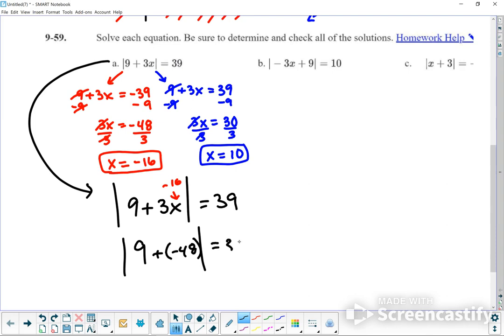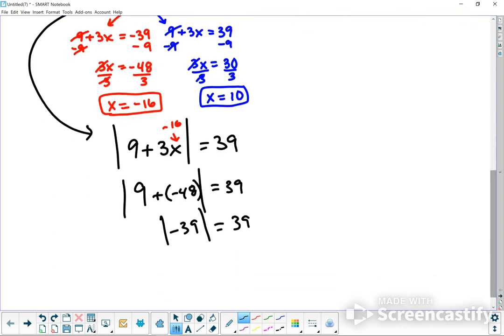And is that equal to 39? So you go negative 48, and you add 9 to it, you get negative 39. And is that equal to 39? The absolute value of negative 39 is also 39, which is equal to 39. So that checks off. So negative 16 works.